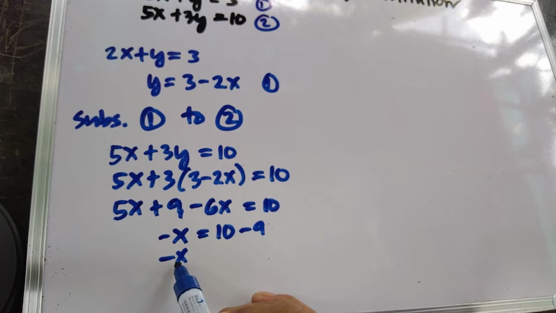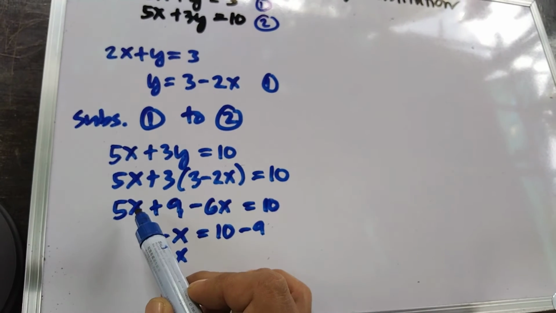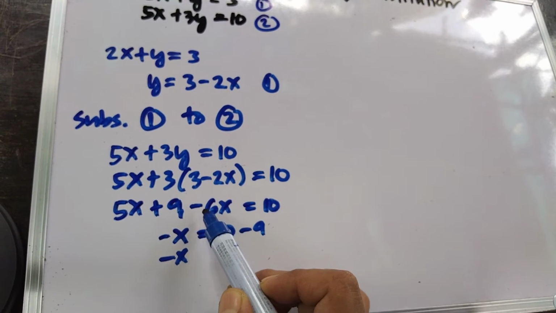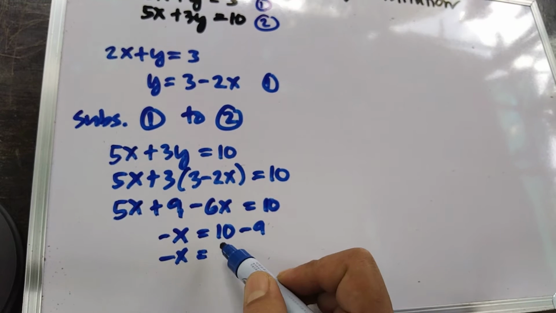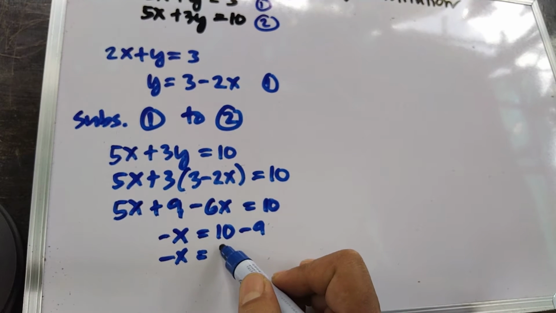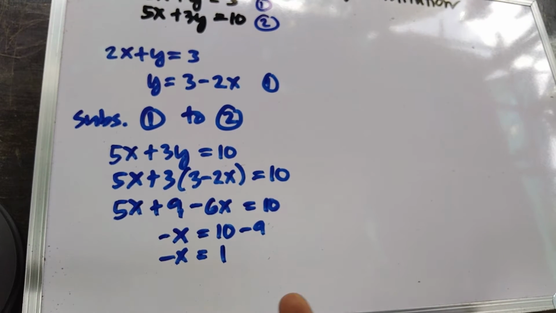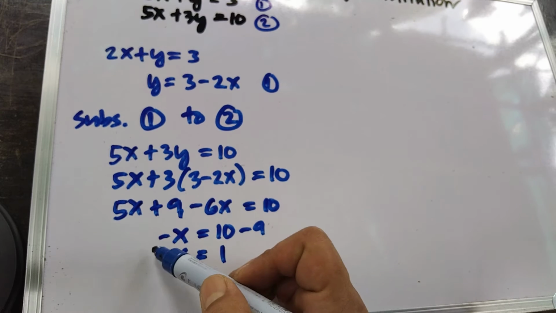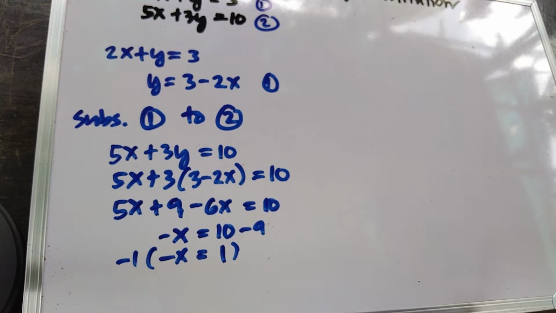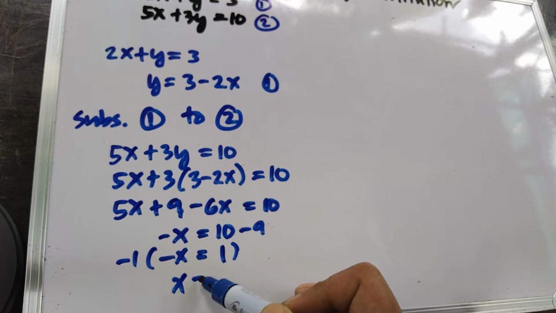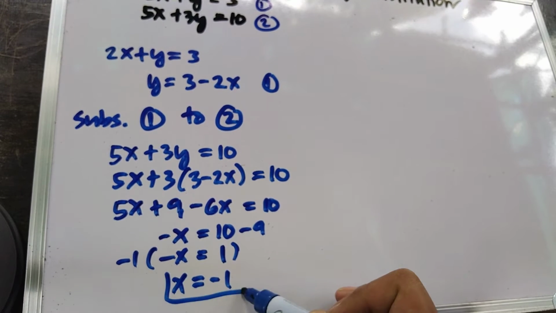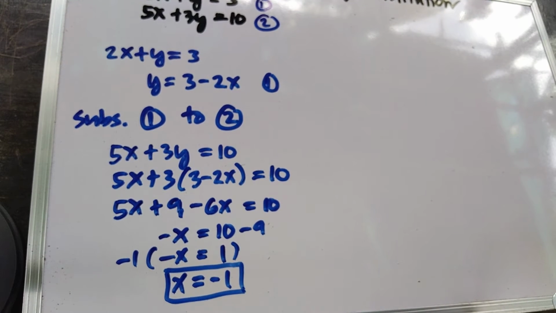Because 5x minus 6x is negative x, is equal to 10 minus 9, that is 1. By dividing both sides by negative 1, we have x is equal to negative 1. So we are correct, because this is the same as example number 2 of the systems that we solved using the elimination method.